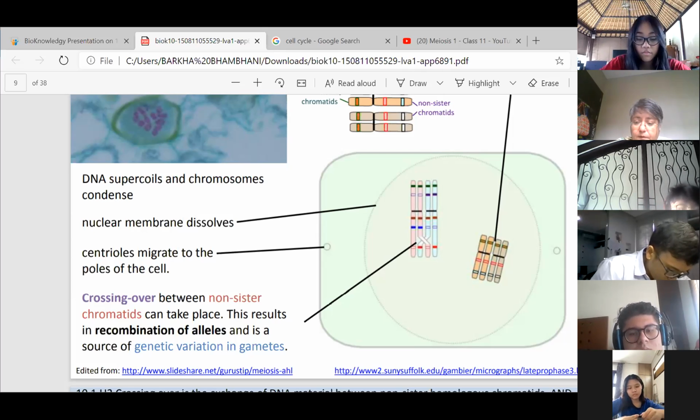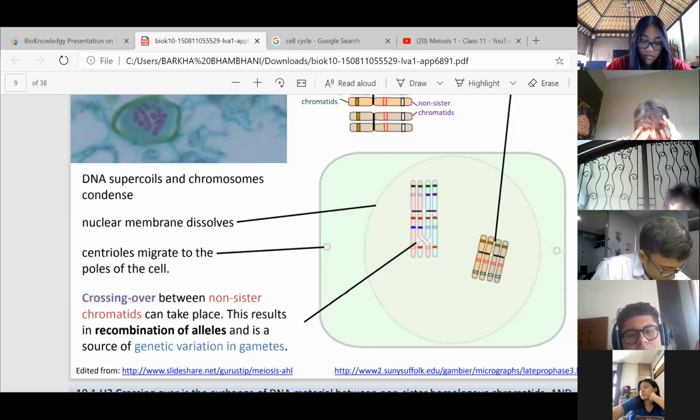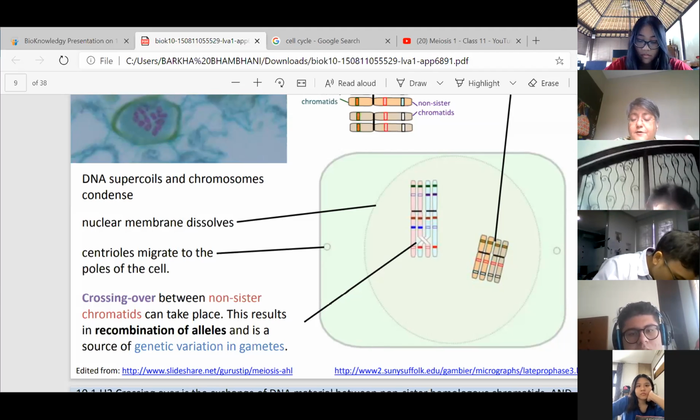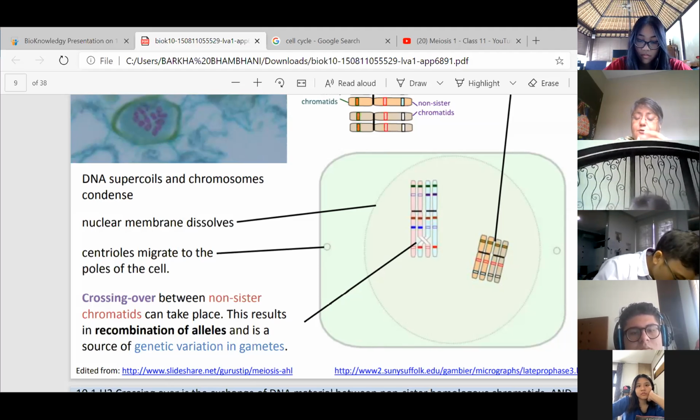Okay? Even if we are looking at the plants where sexual reproduction has taken place, each one is different. That's why Mendel was able to work with the peas, because whenever there was cross-pollination taking place, he could have a different variant which could be seen.